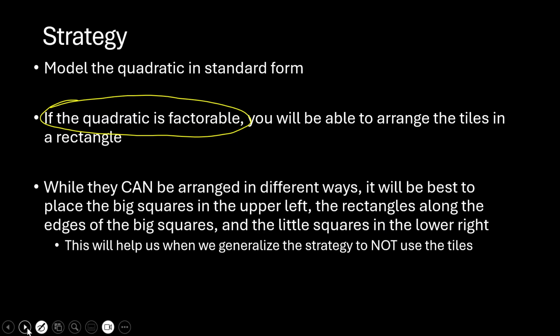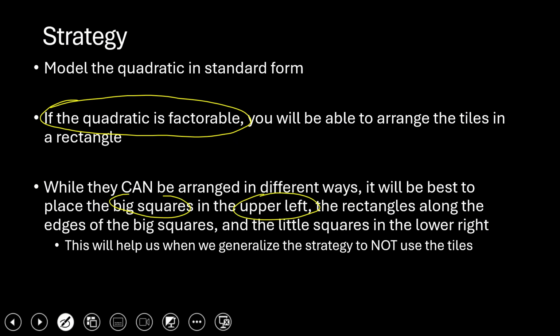Now, while they can be arranged in different ways, so you could jumble them all up and find some beautiful geometric way of arranging them, it will be best to do the following. Place the big squares in the upper left. So your big blue squares, your x squares, okay? Put those in the upper left corner, and they might all be in a line.